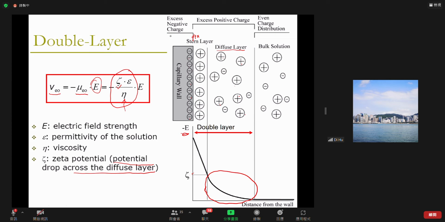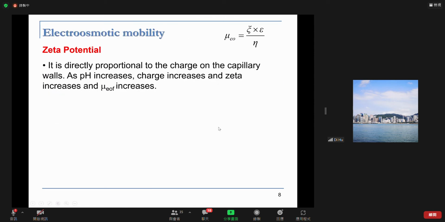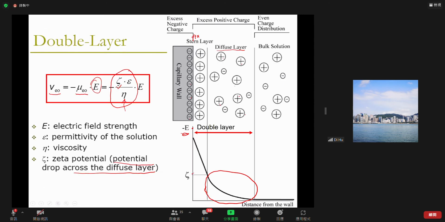When there are more negative sites available, what happens? Then there will be a higher electric potential here, right? Because more charge, and because you have the fixed layer, the buffer solution neutralizes some, and then you have more extra that you need to neutralize in this diffusion layer.